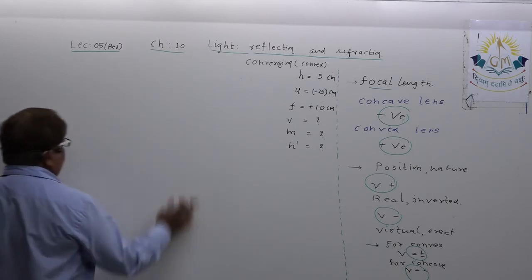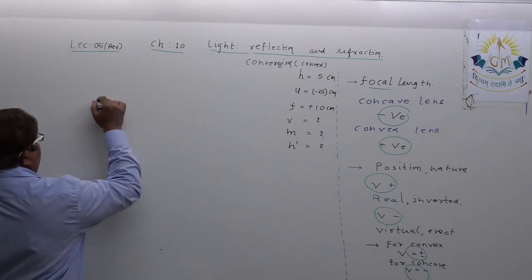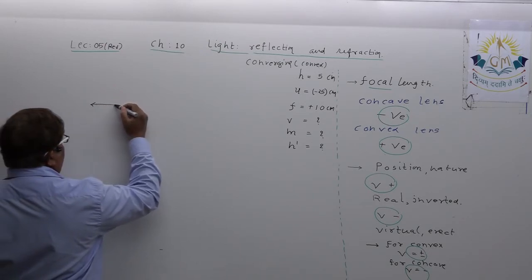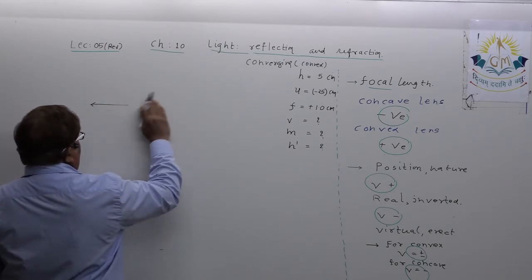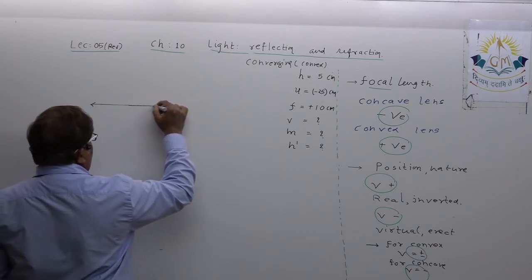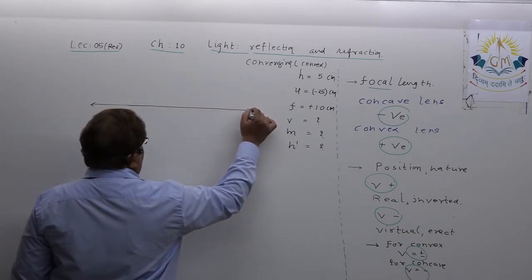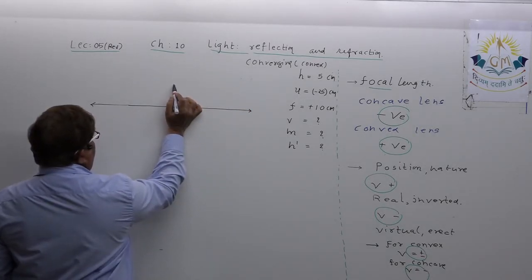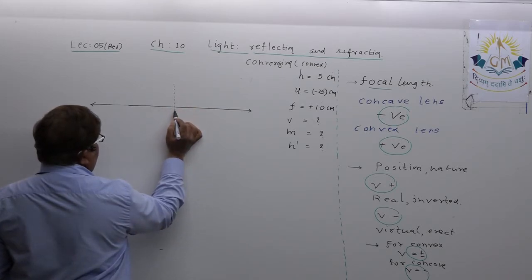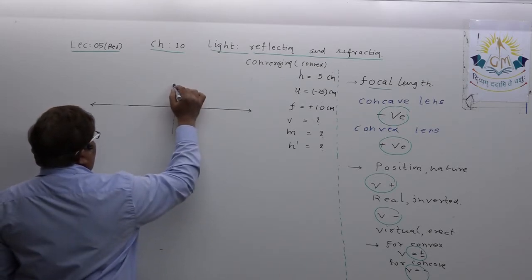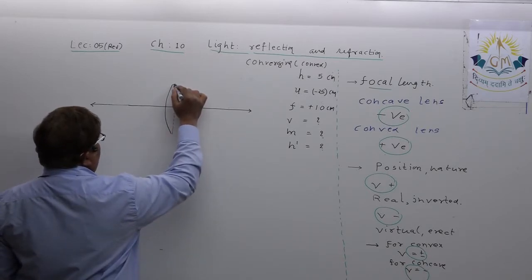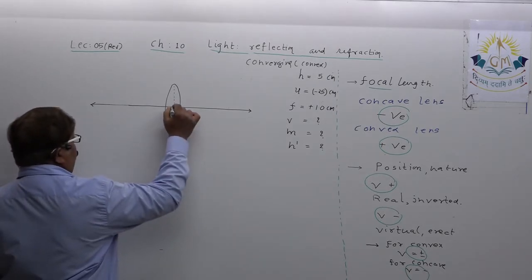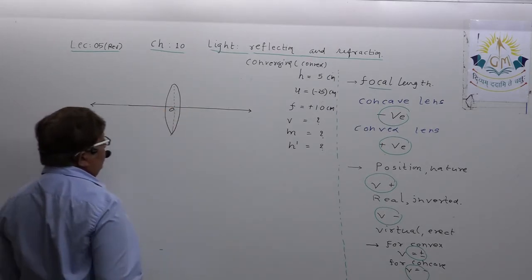Okay, suppose, dear student, let us go as per the ray diagram. Suppose I draw the lens diagram. As you know, the center line for the lens, convex lens, optical center here.